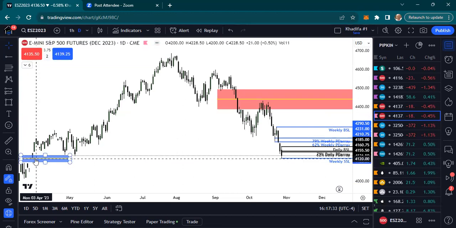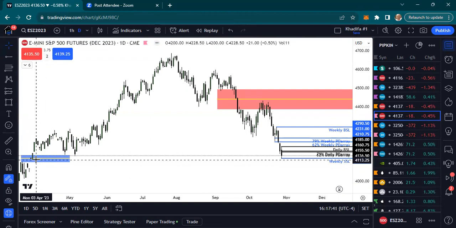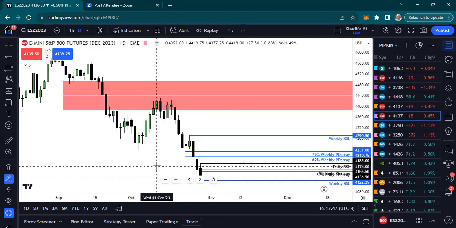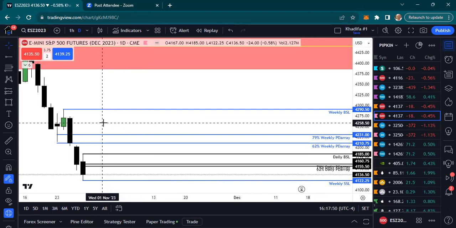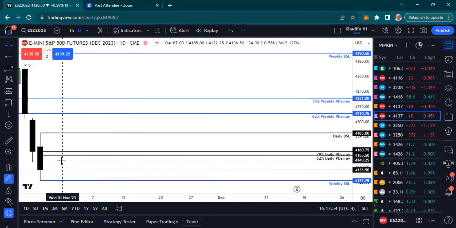We did come down and test the consequent encroachment of that area, but I would like to see us push down and fill in this liquidity void. That's what I'm expecting out of S&P 500 opening up this week.